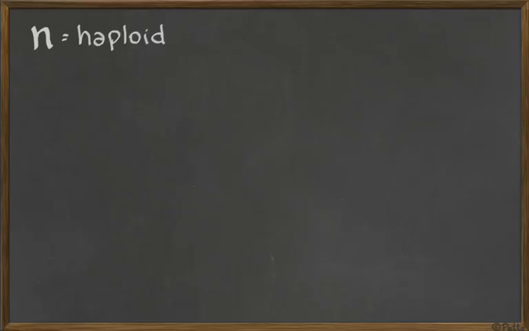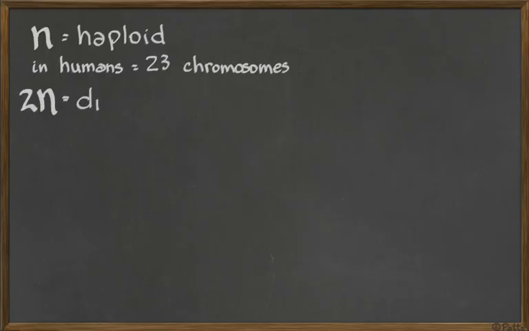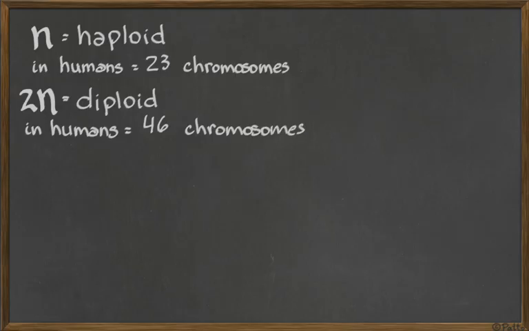You may hear the name haploid as a reference to a cell that contains N chromosomes, so the number of chromosomes that you're going to find in the gamete. Okay? So in humans, this is going to be 23 chromosomes. And 2N is also called diploid. So in humans, a diploid cell, our typical cell, will have 46 chromosomes.